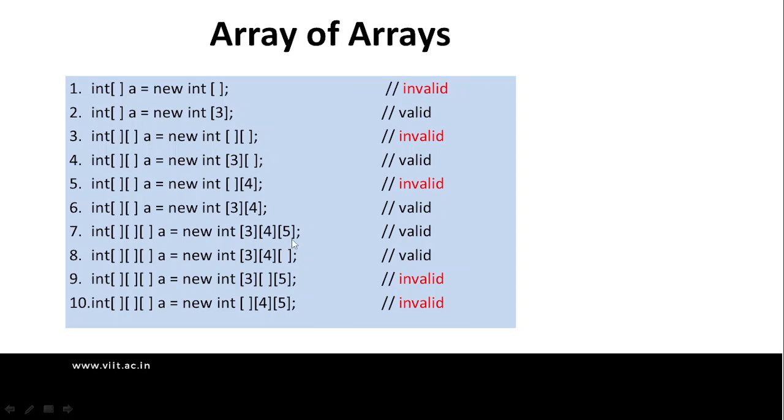If you have an array of array of array and you mention size at all locations, it is valid. If it is a third dimension array and the last location is kept empty, it is valid. But if you mention the first and last location and keep the middle location empty, it is not accepted. And if you make the first location empty and the second and third are given, that is invalid.